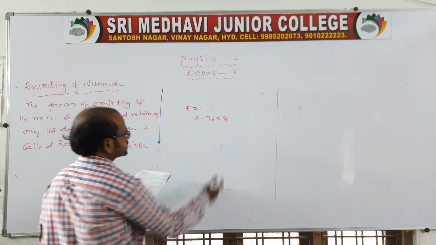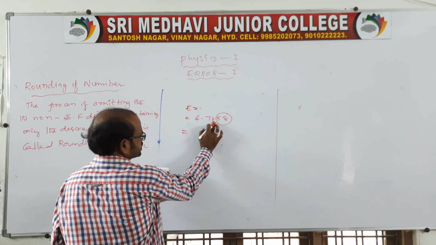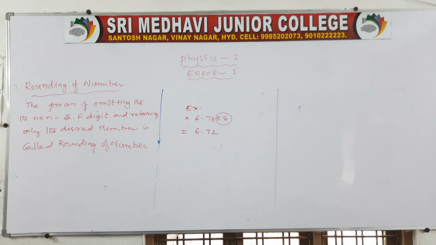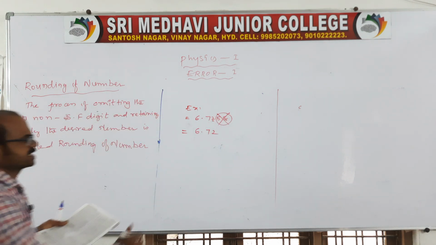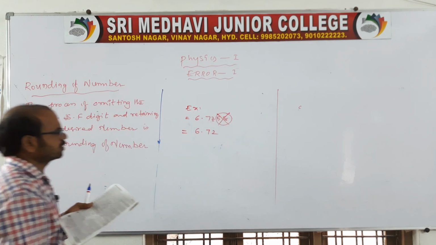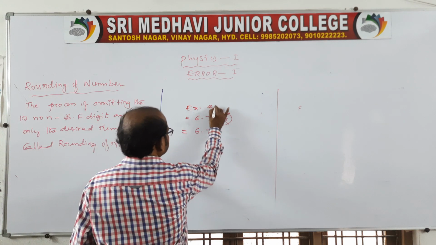Then you get 6.72. It is the rounding. So you remove this, simply because it is an even number. If it is an even number, then after the even number you remove all the digits, which we call rounding of numbers.